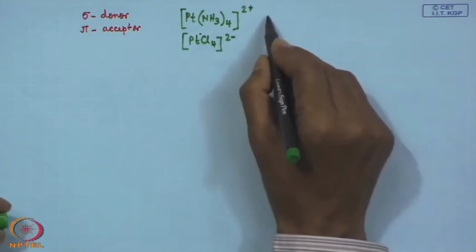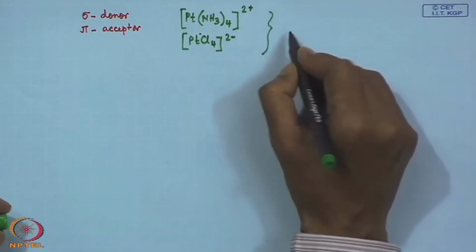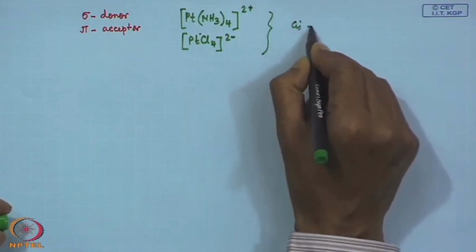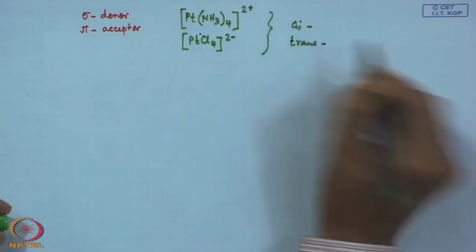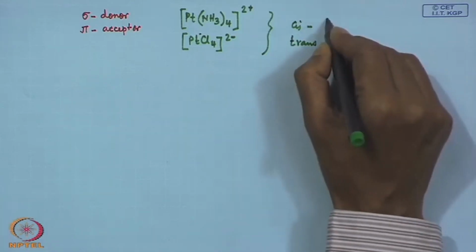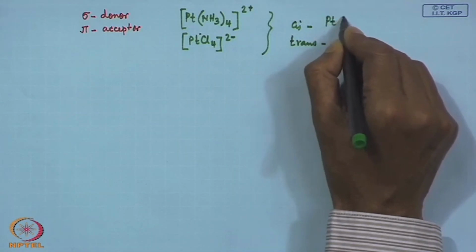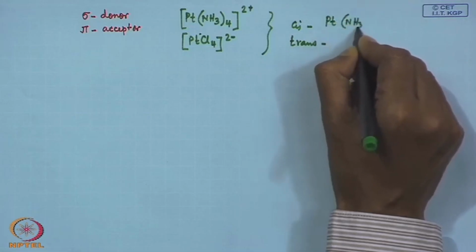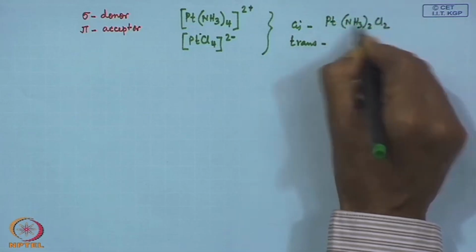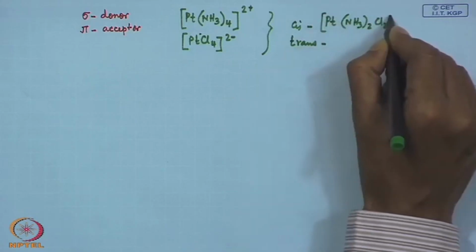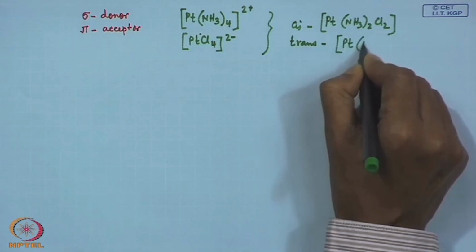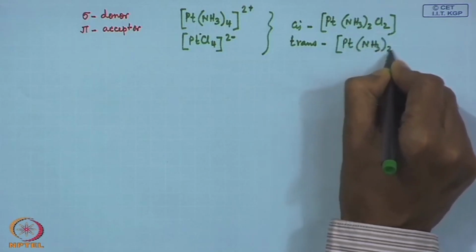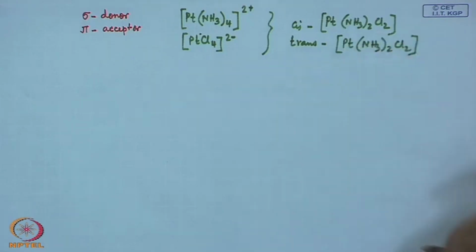So, of these two, one will give the cis isomer and the other will give the trans isomer of Pt(NH3)2Cl2, the cis and the trans Pt(NH3)2Cl2.